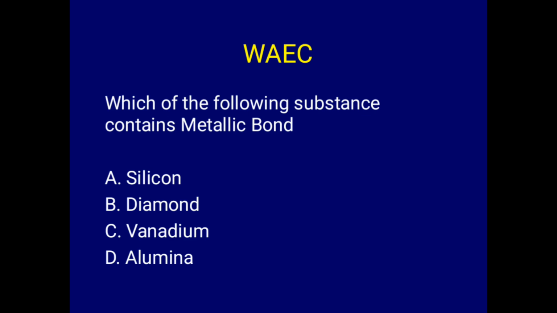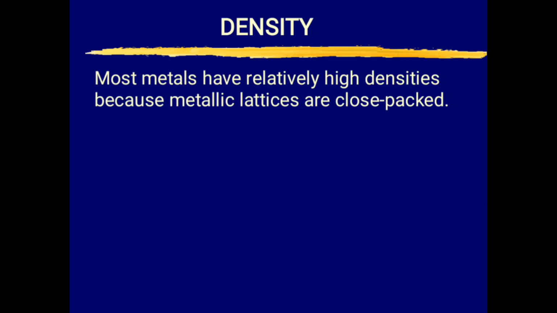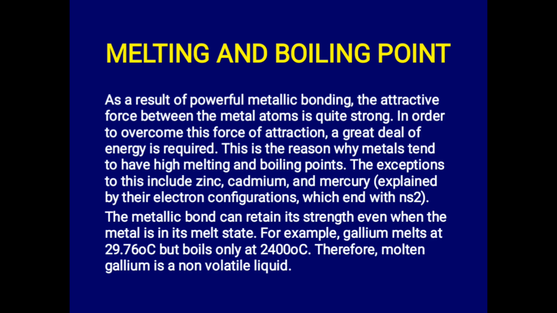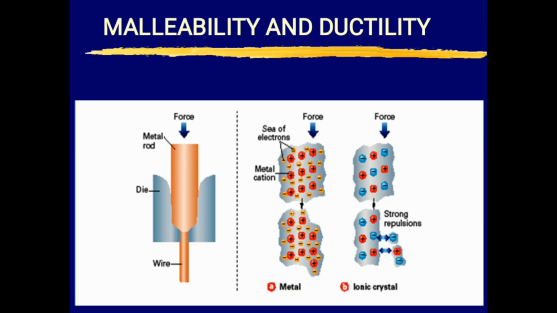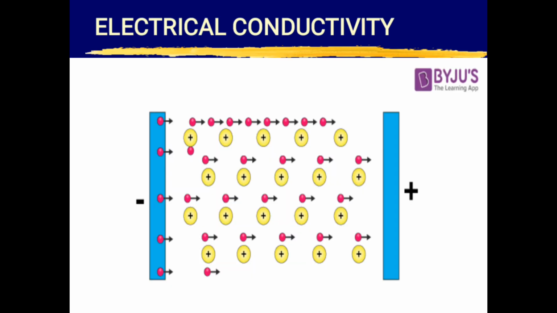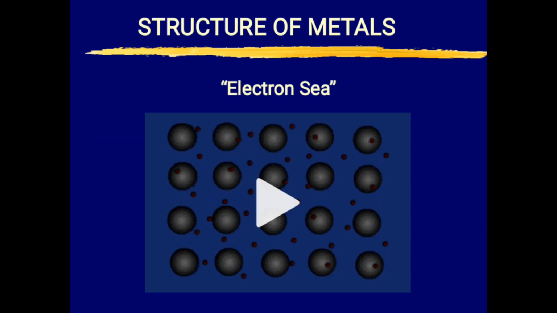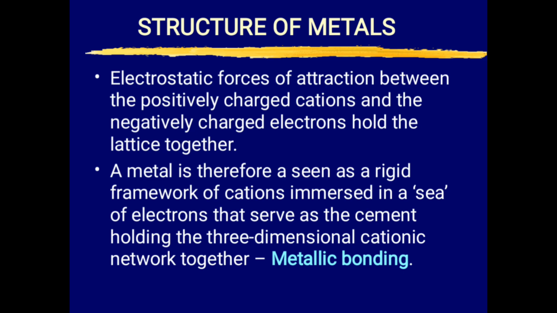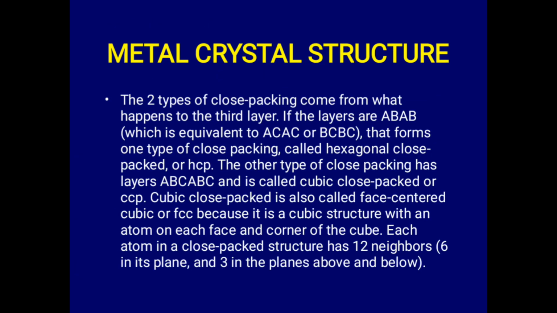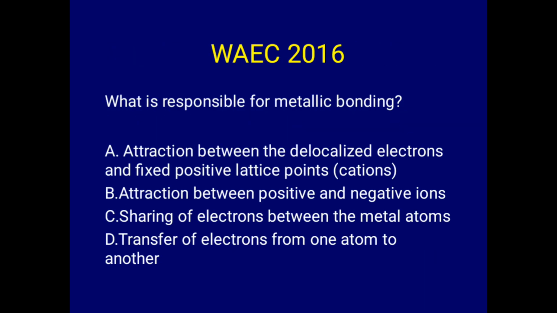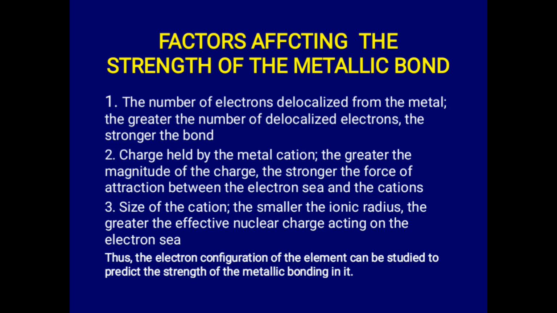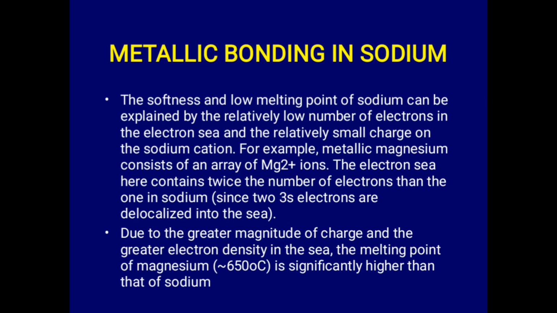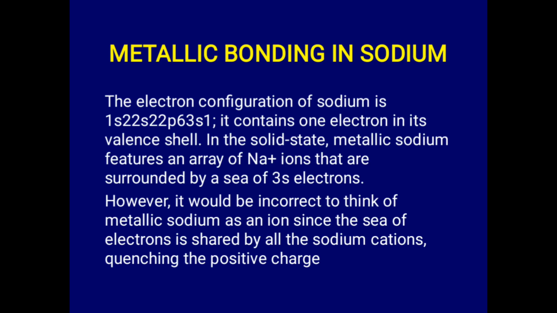So far we have looked at the properties of metals based on the bonds that they have. We have looked at the structure of metals, the metal crystal structure, the factors affecting the strength of metallic bonds, and a case study of metallic bonding in sodium.